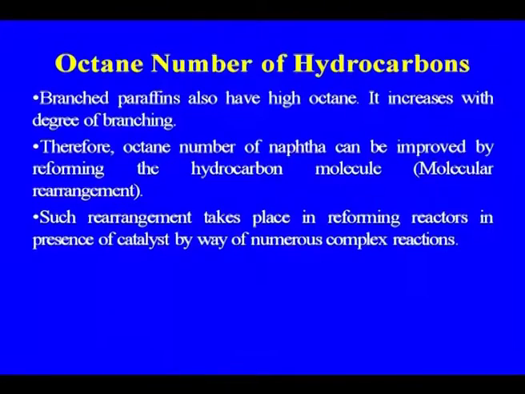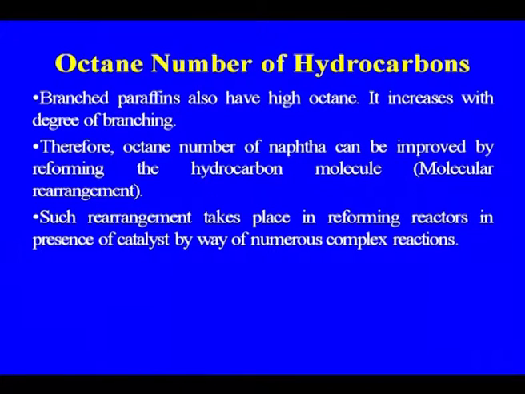Branched paraffins also have high octane number, and it increases with the degree of branching. So, that is why we are converting straight chain to more branched chain in case of paraffins, and this is what happens in some of the reactions, where we are converting the linear to the branched chain.